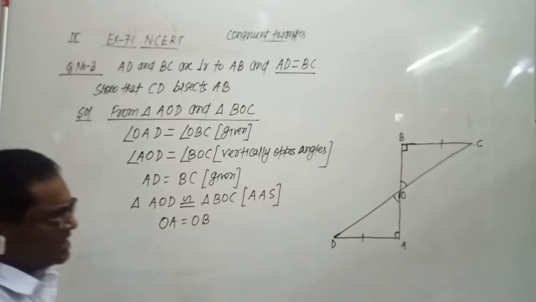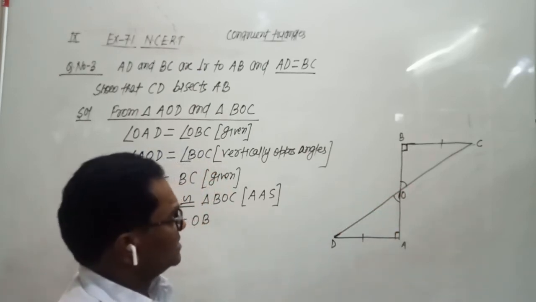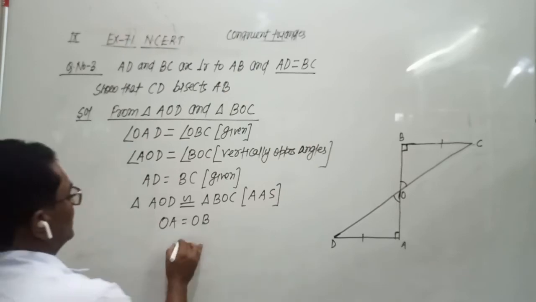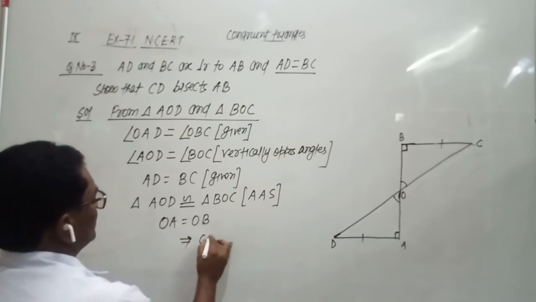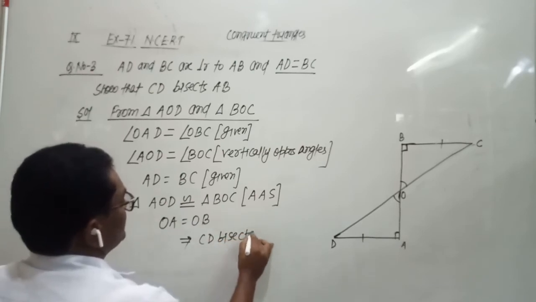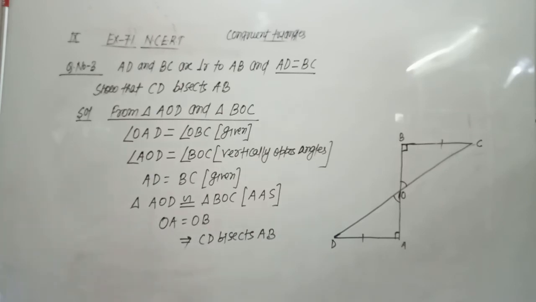And if OA equals OB, then it is proved that side CD bisects AB.